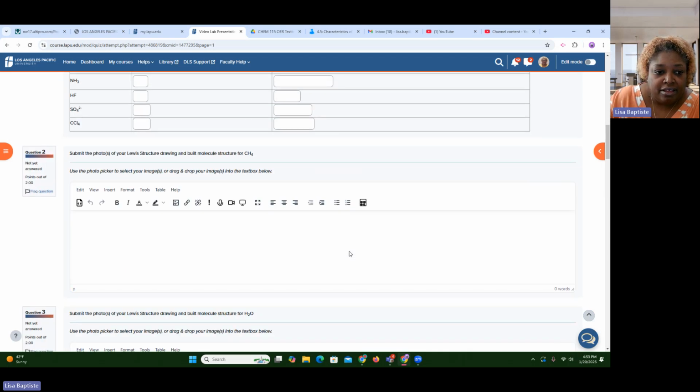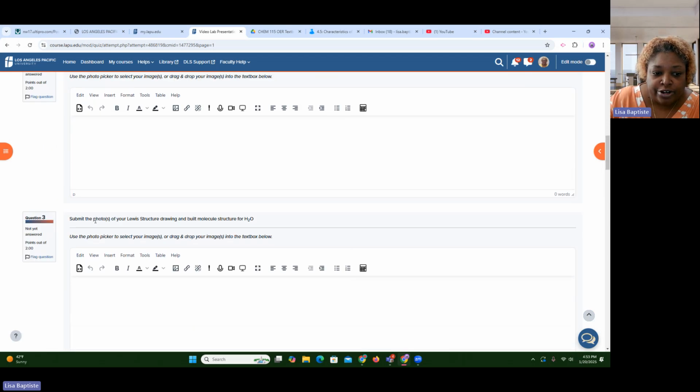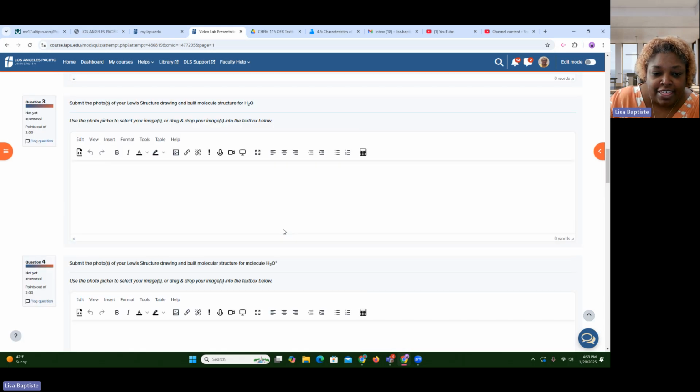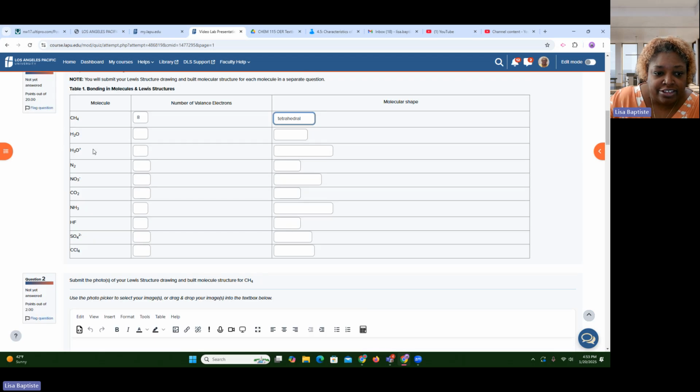For number 3, you're going to submit your photo for the structure of H2O. Number 4, you want H3O plus. One thing I want to mention is that some of these have charges on the actual compound. If it has a plus charge, then the number of valence electrons will be 1 less.